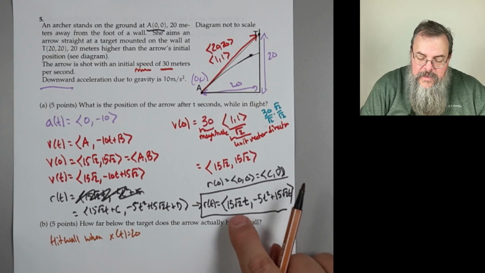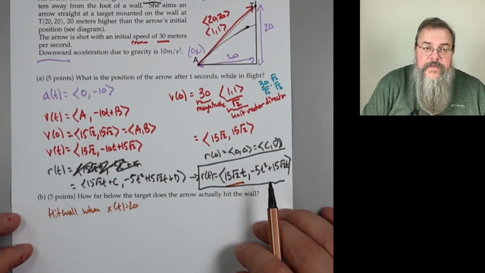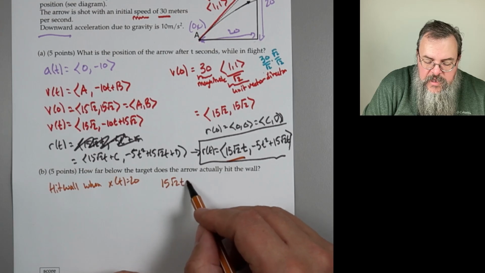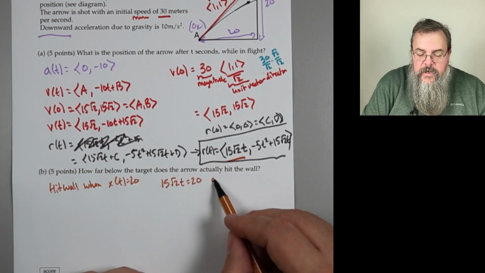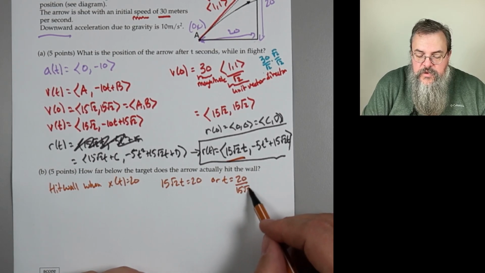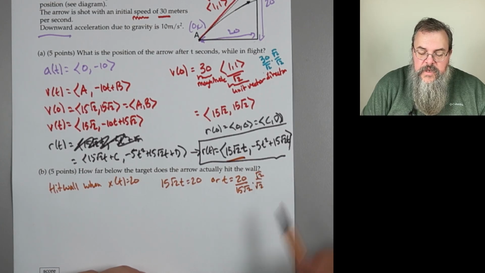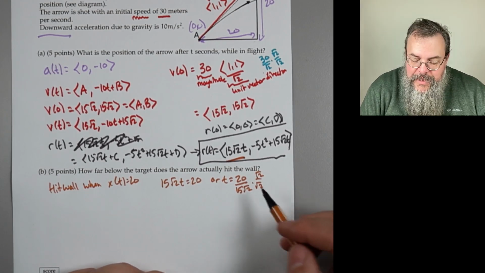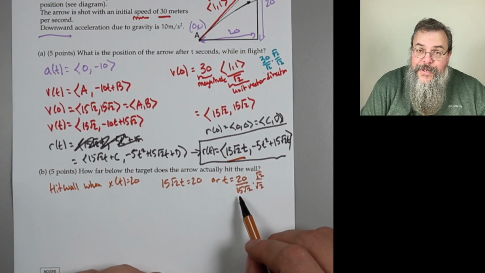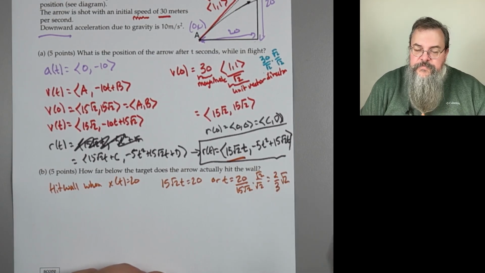Okay, so this is our x of t. So let's solve for that. We have 15√2 times t equals 20, or t equals 20 over 15√2. Now, we can multiply by √2 over √2. √2 times √2 is 2, times 15 is 30. So you have 20 over 30, which makes (2/3)√2.